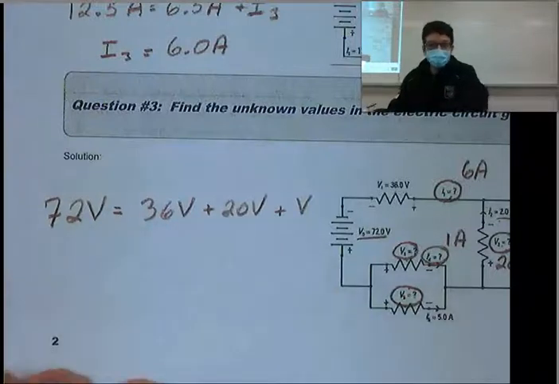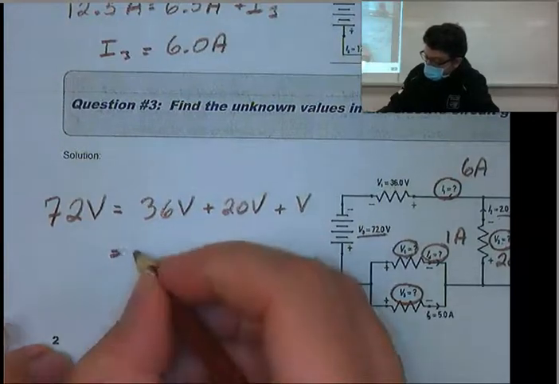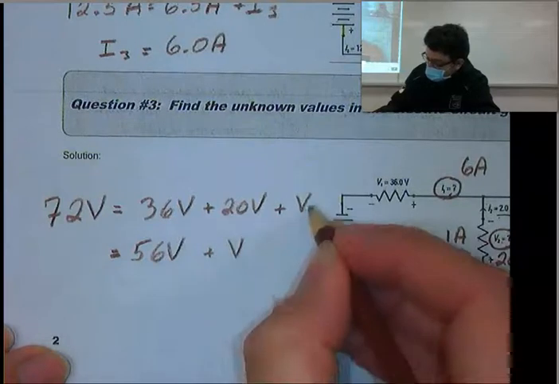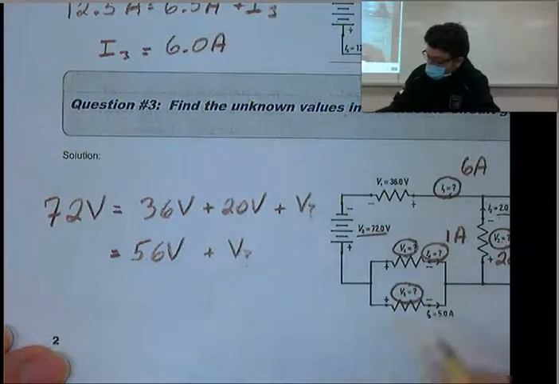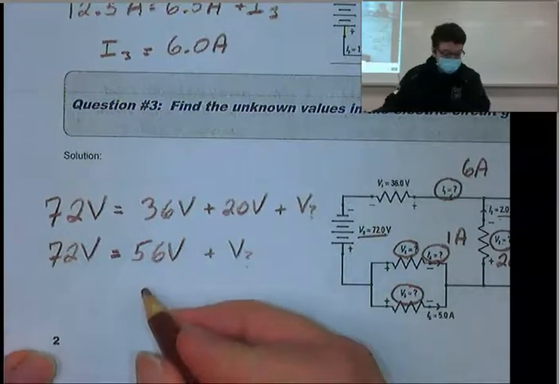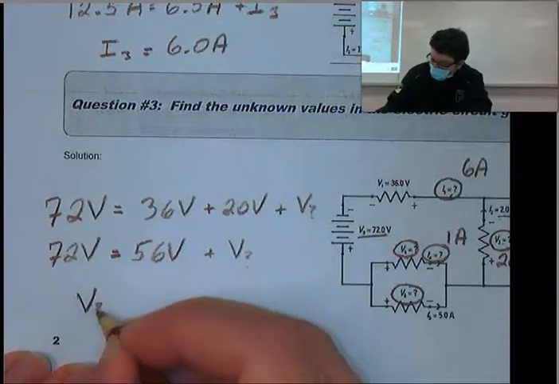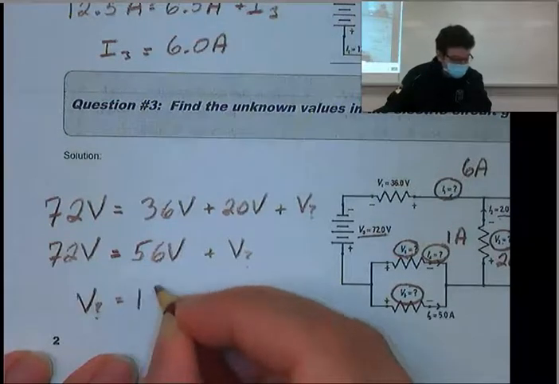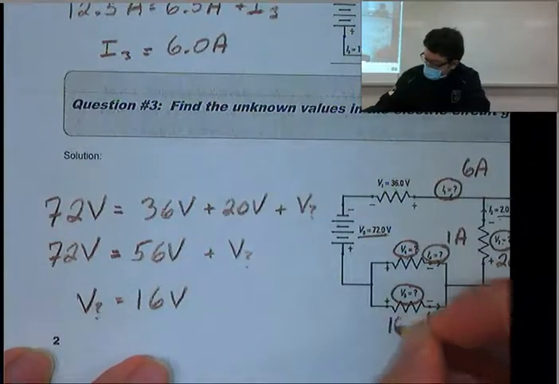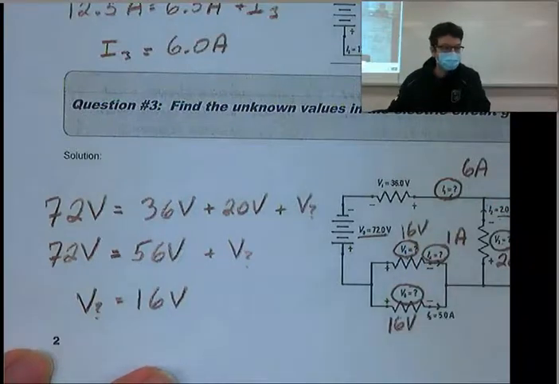So we can solve for what that V needs to be. 36 plus 20 is 56 volts plus our unknown one, let's call it V unknown. And that has to equal 72. If we subtract 56 from both sides, we get that our unknown V is 16 volts. And that'll be the same for both of them. This will be 16 volts, and this will be 16 volts.